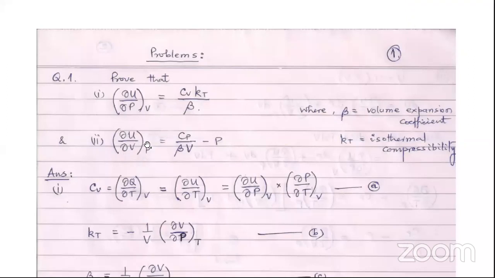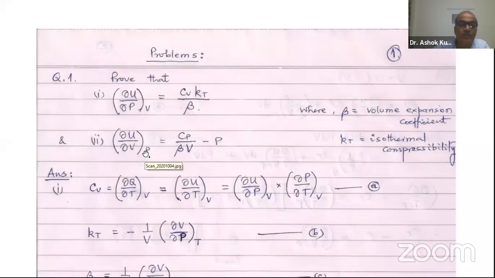And second problem is del u upon del v at constant pressure is this relation. Now, these two quantities are coming from the energy equations. If you recall, the change in internal energy with respect to pressure, the change in internal energy with respect to volume. So we have to prove it.